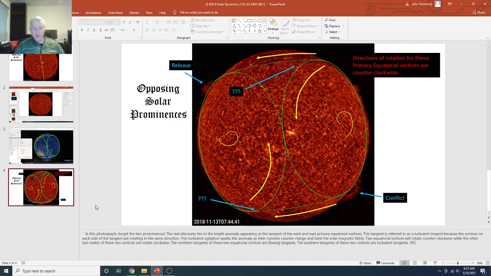The northern tangents of these two equatorial vortices are flowing tangents. The southern tangents of these two vortices are turbulent tangents. Ta-da! And that is my conclusion of this particular photograph analysis for NASA.